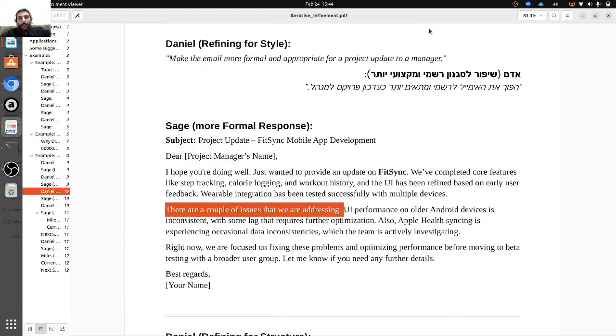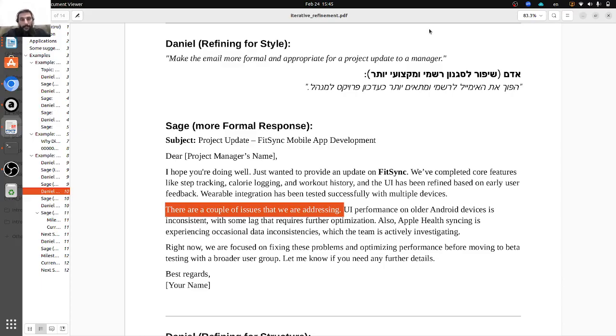Now, in the next iteration, Daniel deals with this problem by prompting Sage to make the email more formal and appropriate for a manager. And as we see, the new version of the email that Sage generates looks more formal.